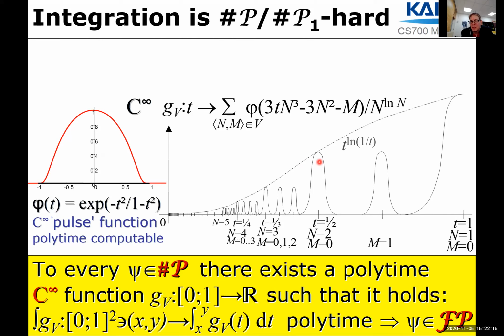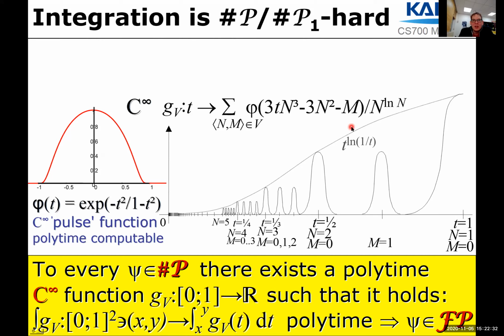We just need to divide the overall integral, the overall area, by the area of one single pulse, which is some fixed polynomial time computable number here, and thus recover the number of pulses present.